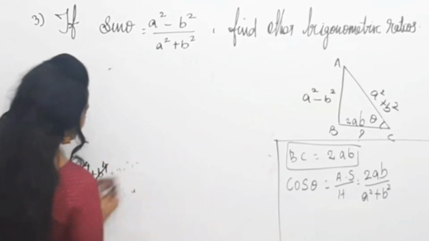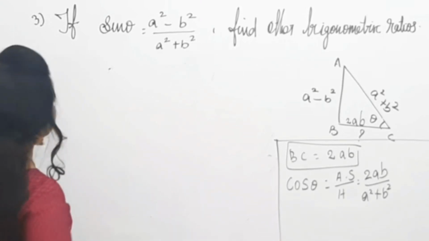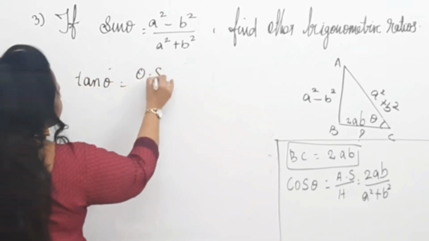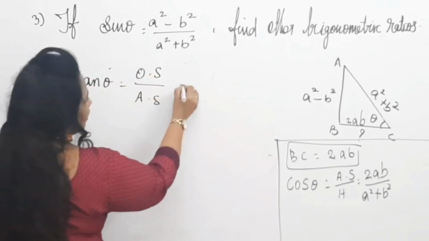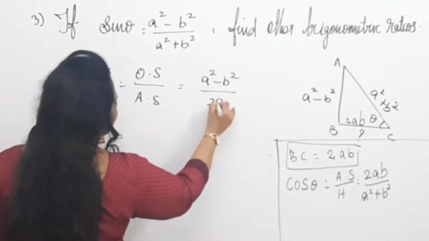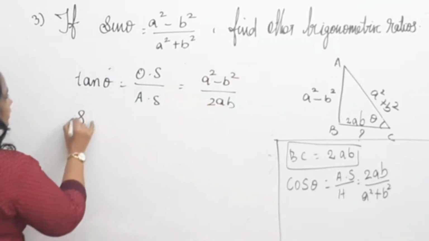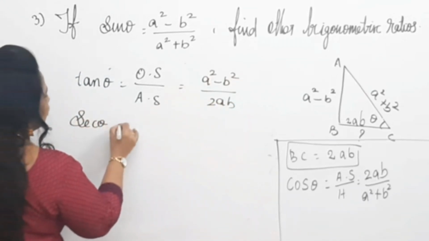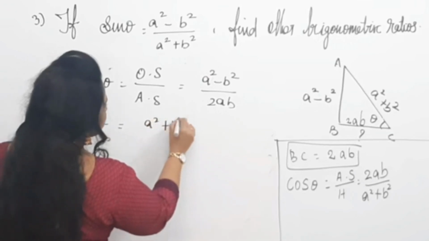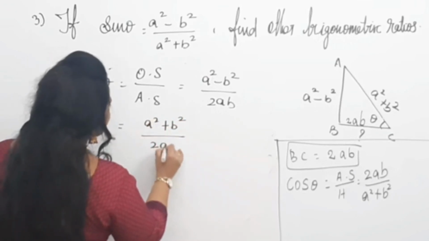So tan theta is equal to opposite side by the adjacent side. My opposite side is a square minus b square divided by 2ab. And sec theta is equal to 1 by cos theta, that is a square plus b square divided by 2ab.